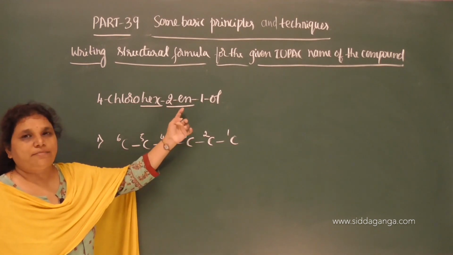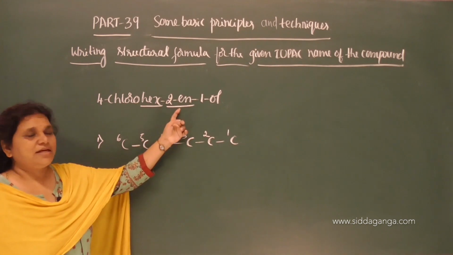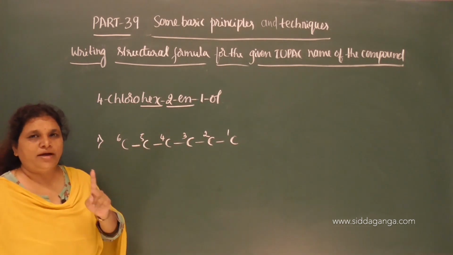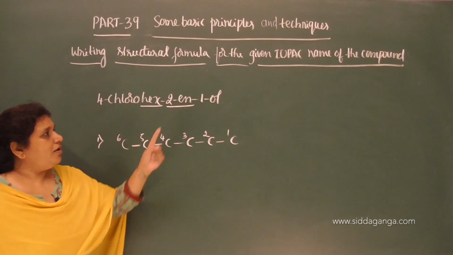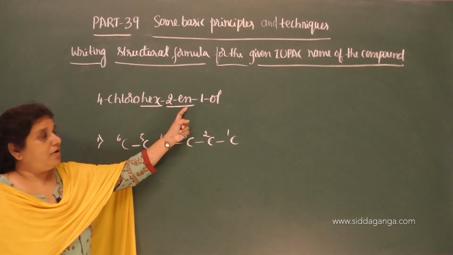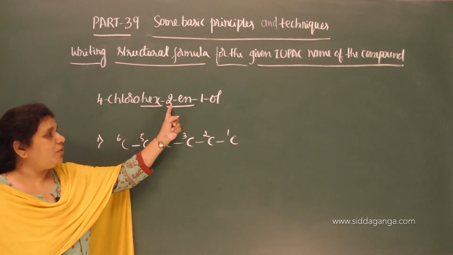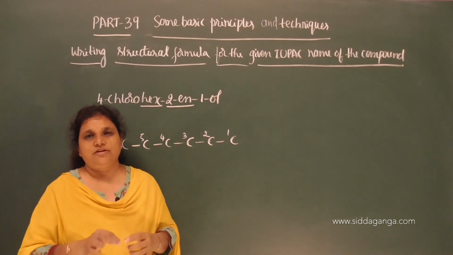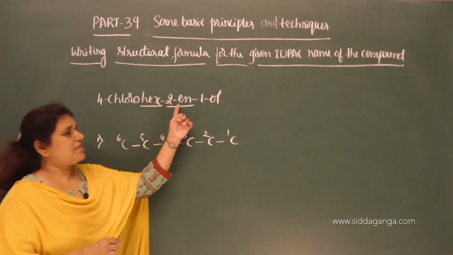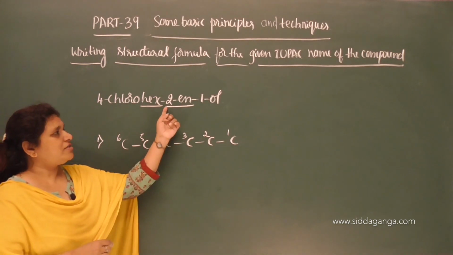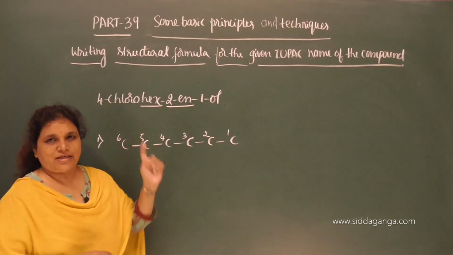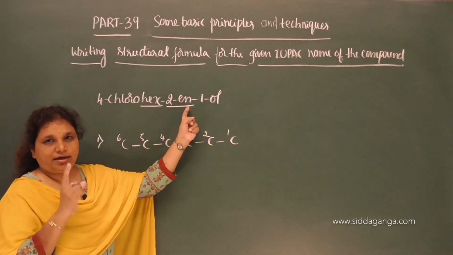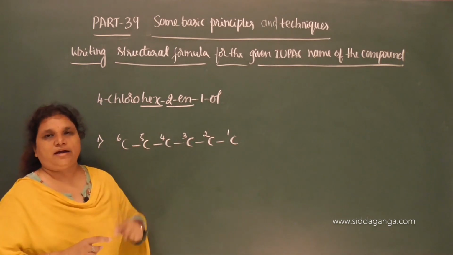Ene indicates the double bond. So then we can say that the compound contains one double bond. And on the basis of the locant before the ene, we can indicate the position of the double bond. So on the basis of this locant of the primary suffix, we can say there is one double bond and it is on the second carbon.